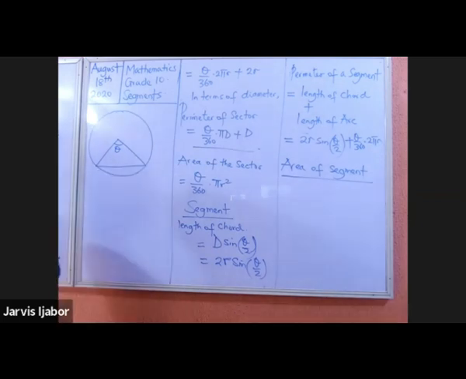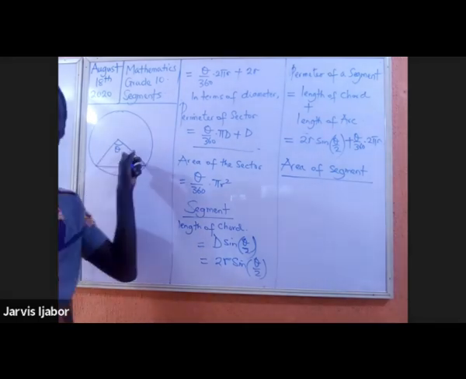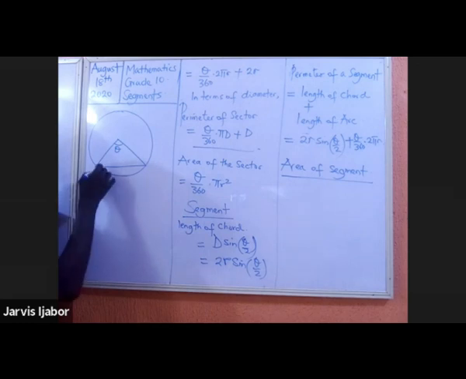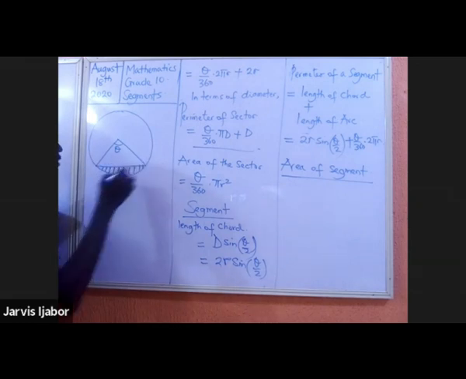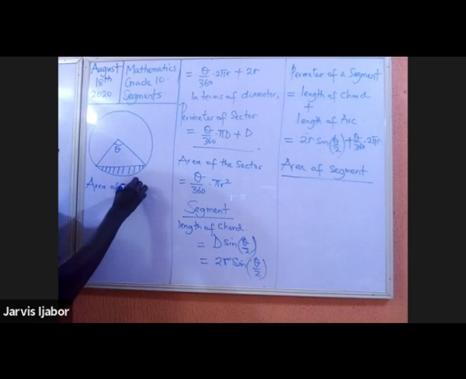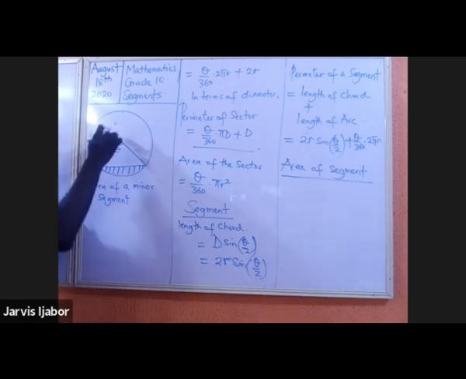Now, take note of this diagram. This diagram is working because theta is less than 180, so you have to be very, very careful. Now, if you are told to find the area of a minor segment, the area of a minor segment will be the area of this sector.